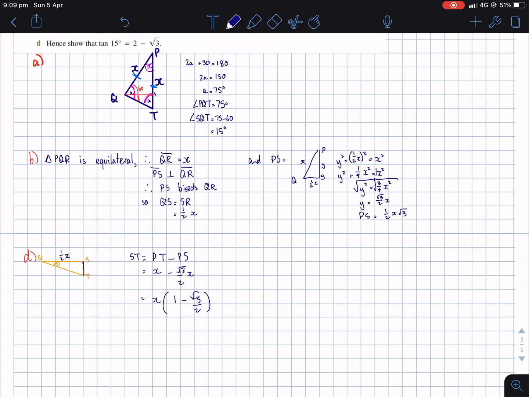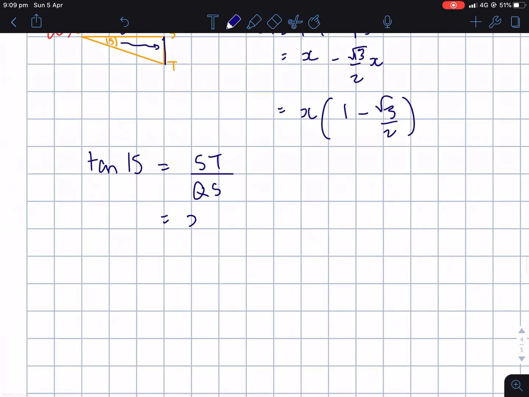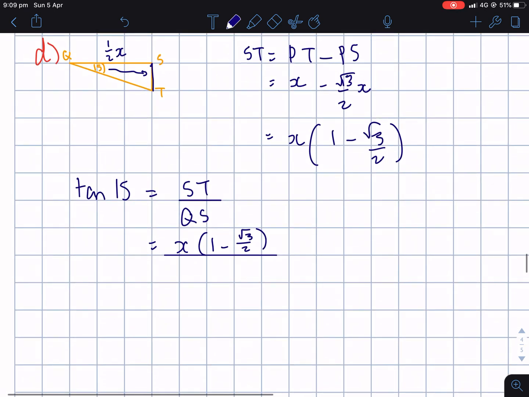So tan is opposite over adjacent in this triangle. So we've got tan 15 is length ST, whatever length that is, opposite over adjacent, which is QS, yeah? So for ST, we've got X outside of 1 minus √3 on 2 over adjacent, which was half X. This is a lot going on.